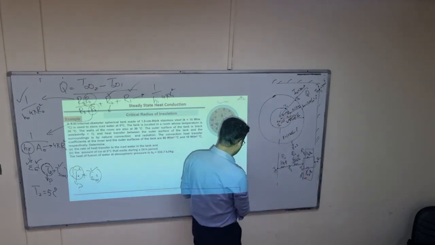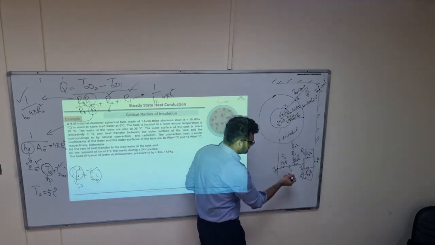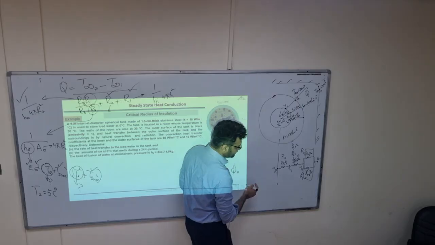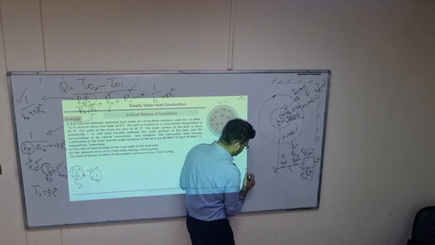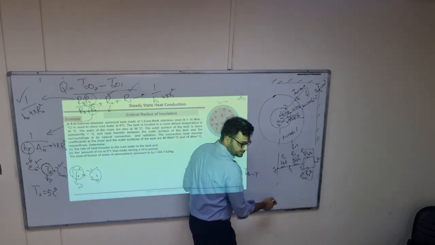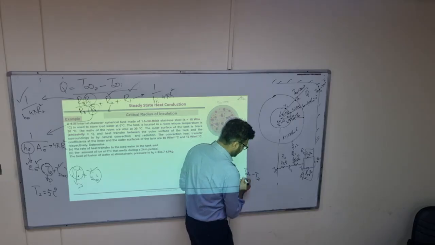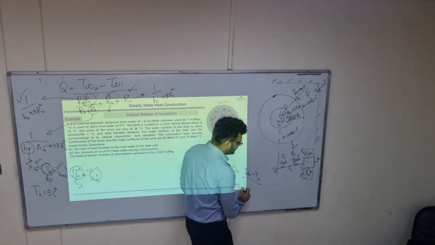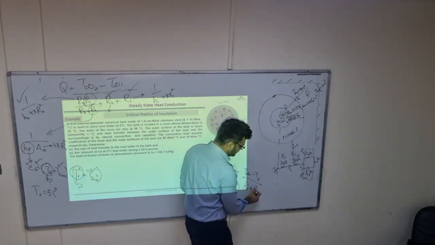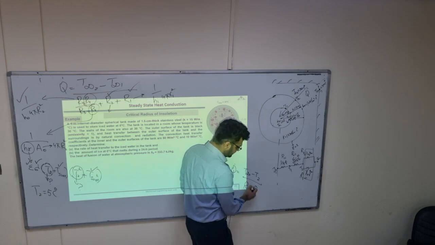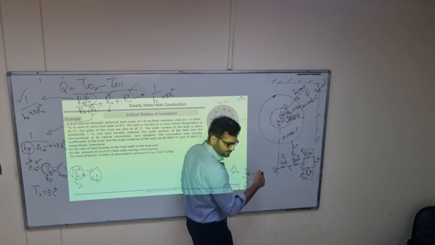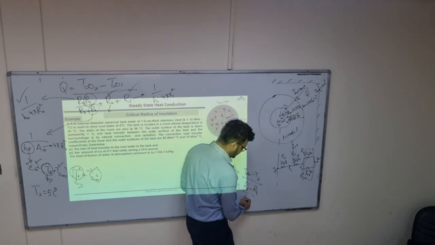What is this part? T infinity 2 minus T2, divided by, not R3 plus R4, but R3 R4 over R3 plus R4.